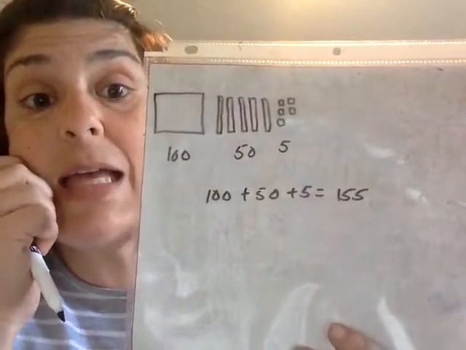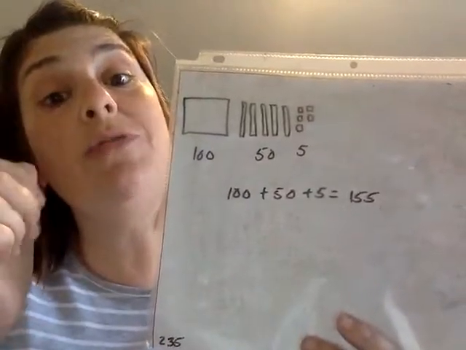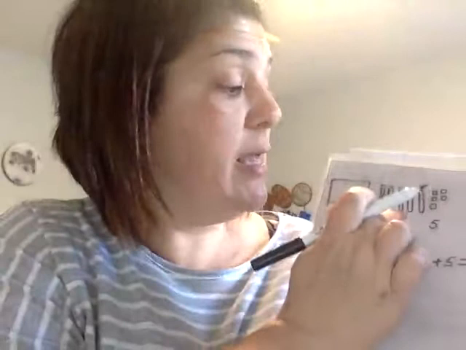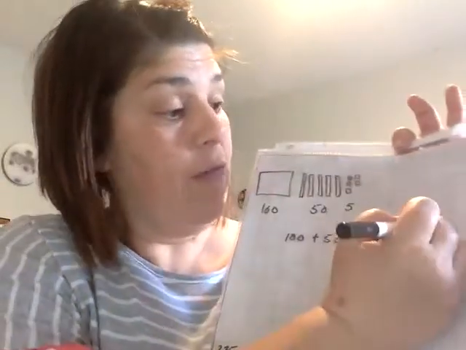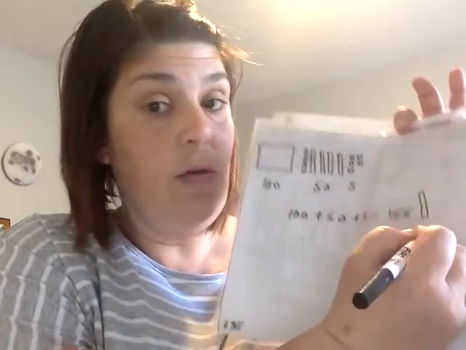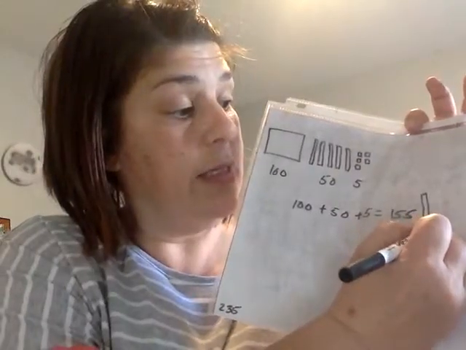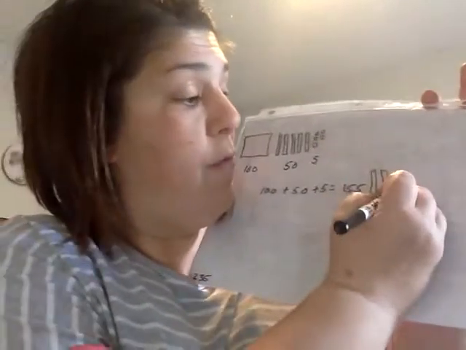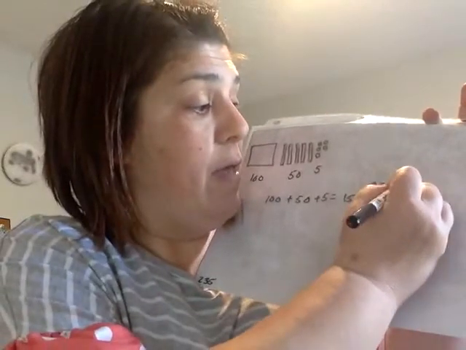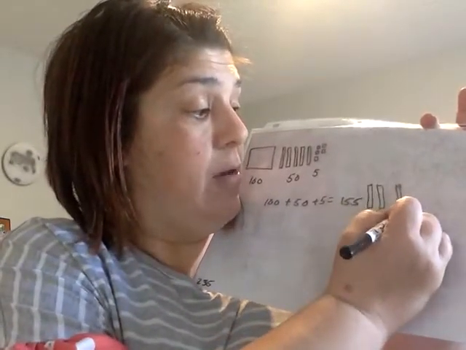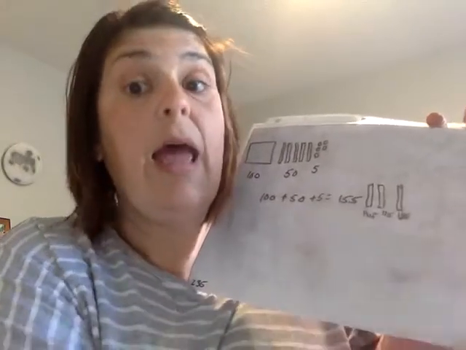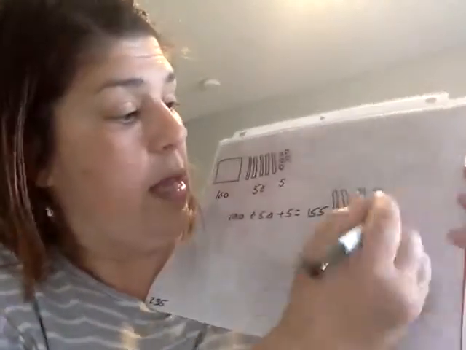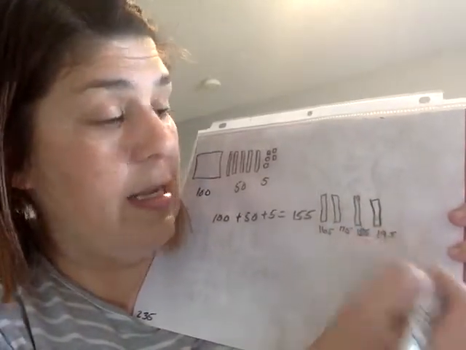We're going to count by tens from 155 until I tell you to stop. All right, so if we have 155, if we add 10, we have 165. If we add another 10, we have 175. Another 10, we have 185. Another 10, we have 195.